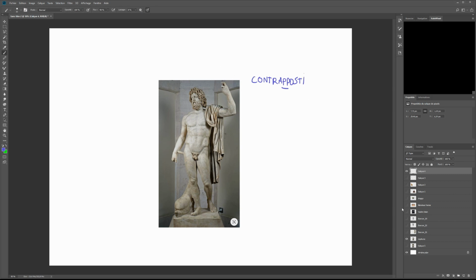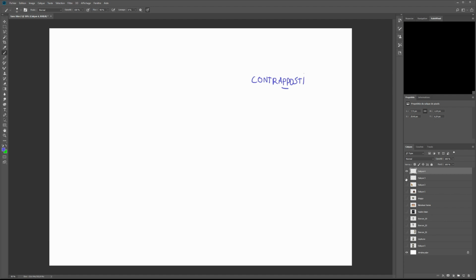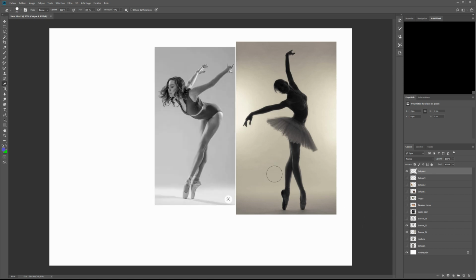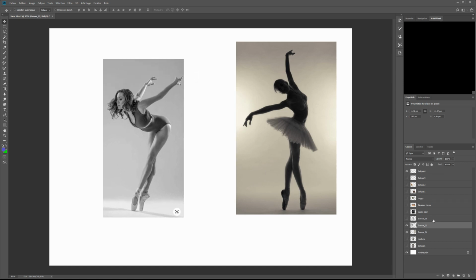Okay, so let's talk about something else. All right, so curves again. Let's get back to curves. Okay, so here we're gonna talk a bit more about the flow and about the rhythm. For these examples, I've picked some photos of dancers.